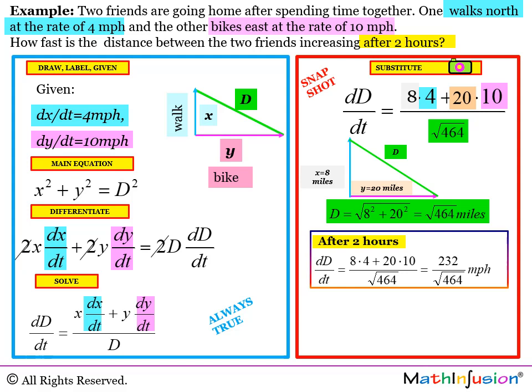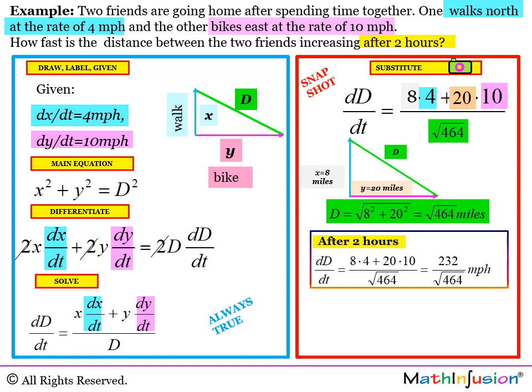Please again be careful with the snapshot. You have to view this as if the person that is walking is still walking north at the same rate, and the person that bikes is still biking exactly the same as before, with the rate of 10 miles per hour. But in the snapshot, we are just taking a snapshot.